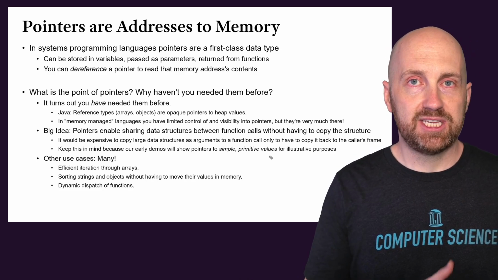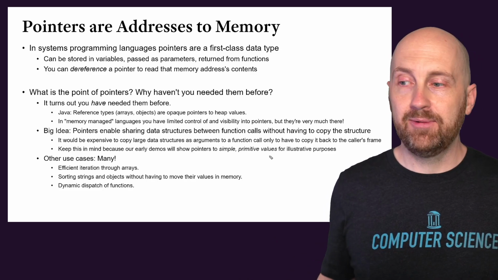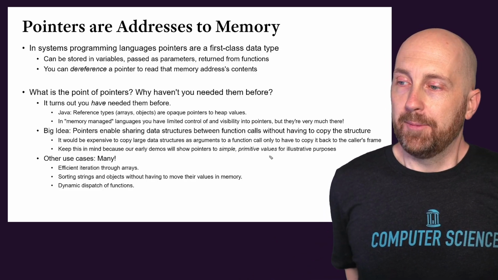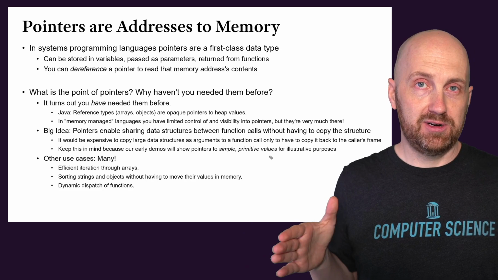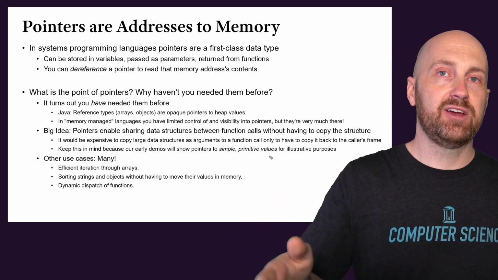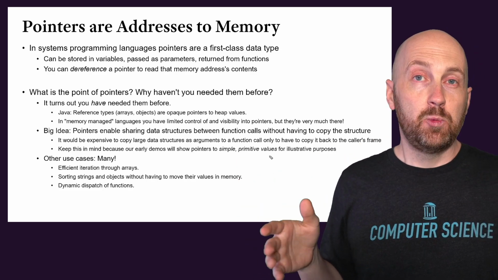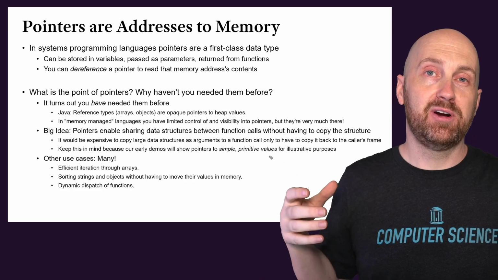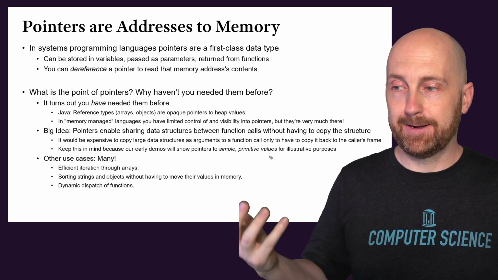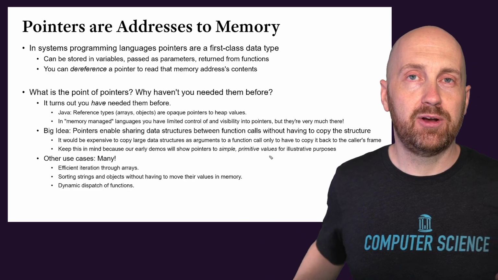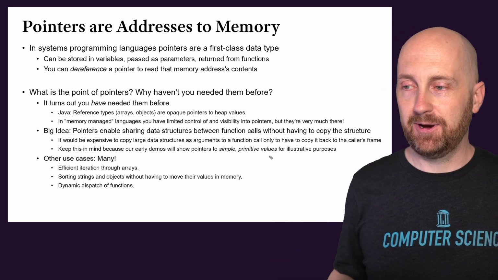There's some really clever ways that we can iterate through an array using pointers. We'll see that if we have an array of pointers to, say, strings or other larger objects, we can sort that array of pointers to have a sorted handle on all of our objects or our strings, right?